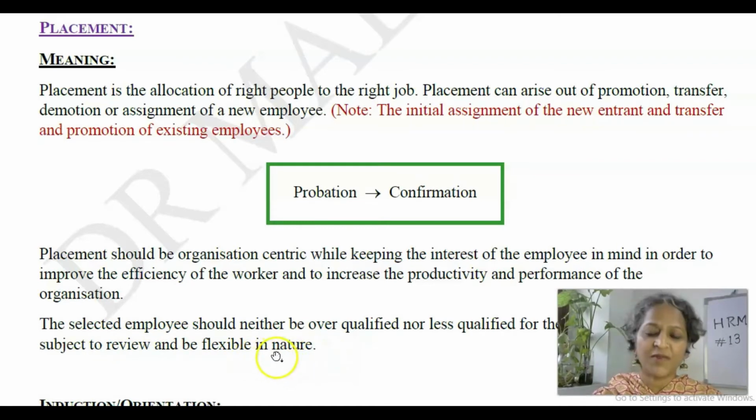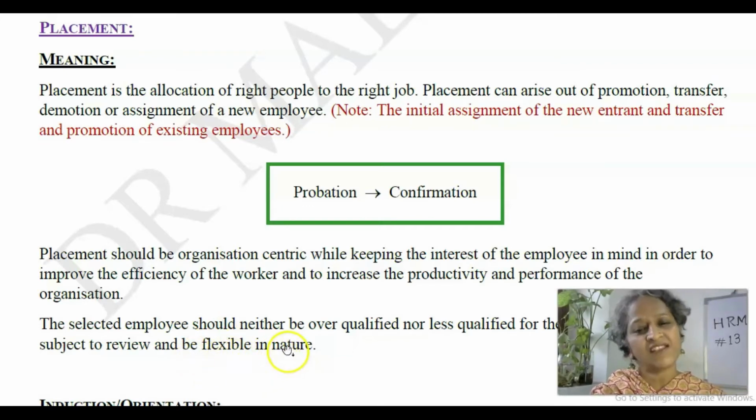So even though human resource manager is taking care of all the facts before assigning a task to a newly appointed worker, still chances of mistake can be there. Therefore, once a worker is placed at a particular post, then there should always be a review of that, and if the need is there, then the position must be changed or the person must be placed somewhere else.